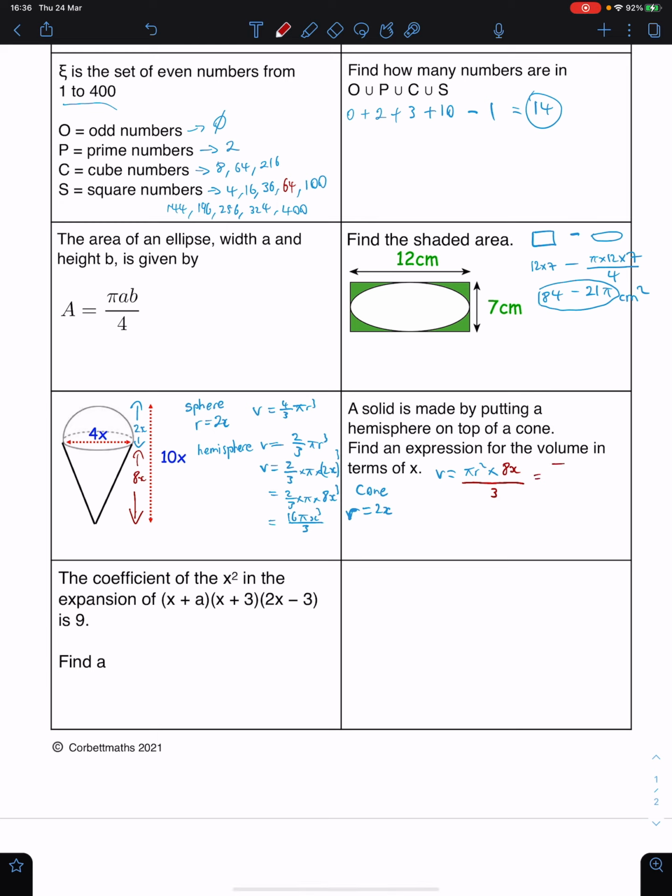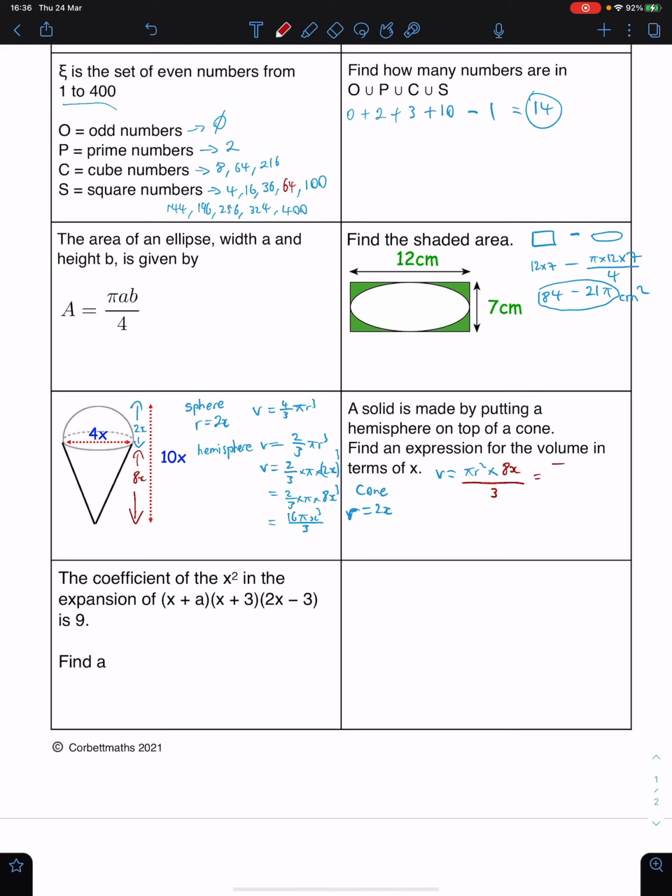So that's the volume of the cone. And to work out the whole volume, we just need to add the two things together. So I'm just going to write that in a different color.